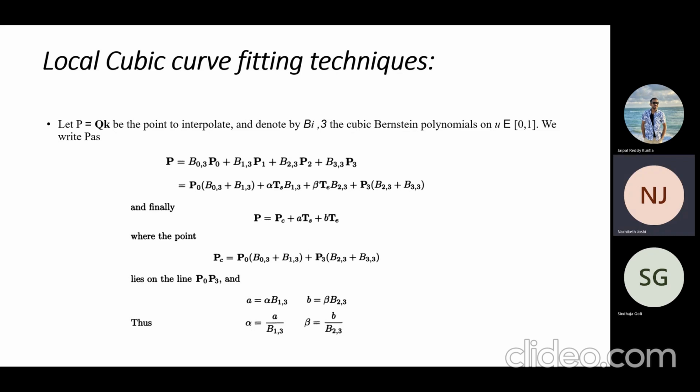We write P as P equal to B0,3 P0 plus B1,3 P1 plus B2,3 P2 plus B3,3 P3, which is equal to P0 times B0,3 plus B1,3, plus alpha times TS B1,3 plus beta times TE B2,3 plus P3 times B2,3 plus B3,3, and finally P is equal to PC plus alpha TS plus beta TE, where the point PC is equal to P0 times B0,3 plus B1,3 plus P3 times B2,3 plus B3,3 and lies on the line P0 P3, and a is equal to alpha times B1,3, where b is equal to beta times B2,3.